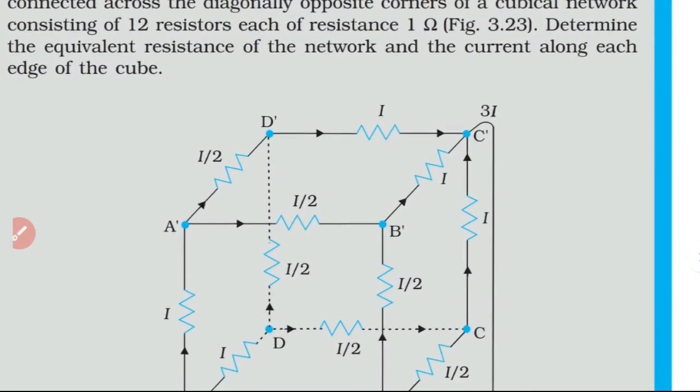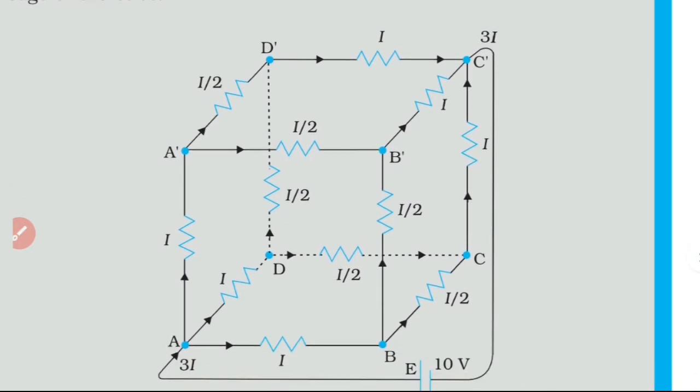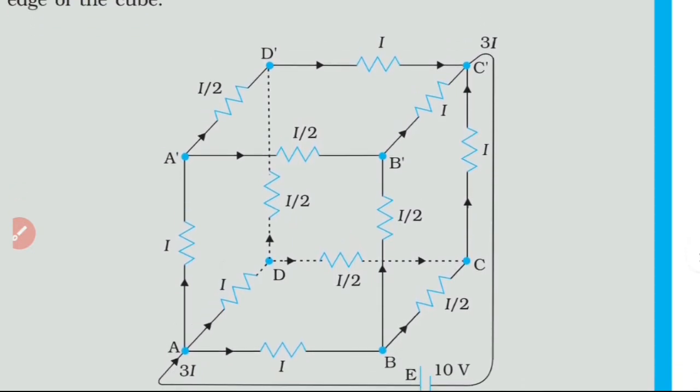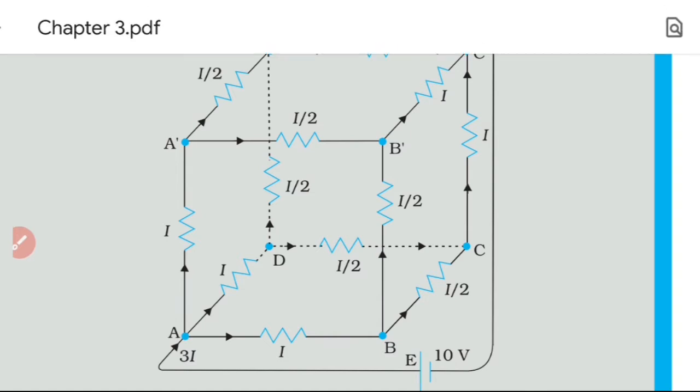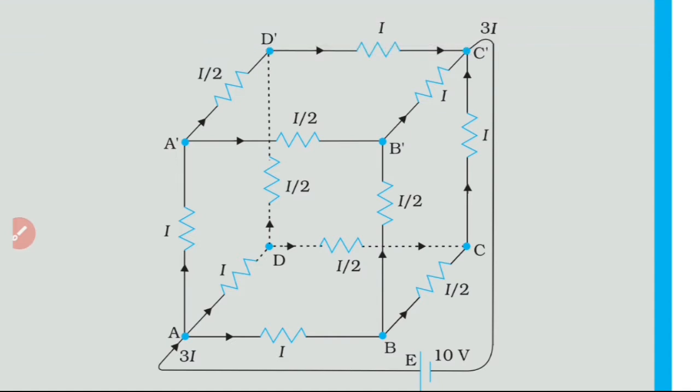Okay, so let's discuss how we solve this. One thing is that all the 12 resistors are of the same resistance, that is 1 ohm. You can see that the current sent by the cell, on reaching the junction A, gets divided into three parts. And since the three resistances are equal, the current gets divided equally.